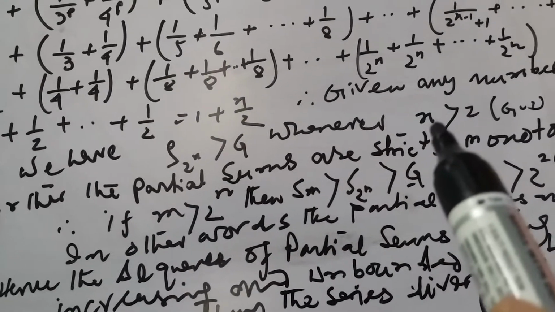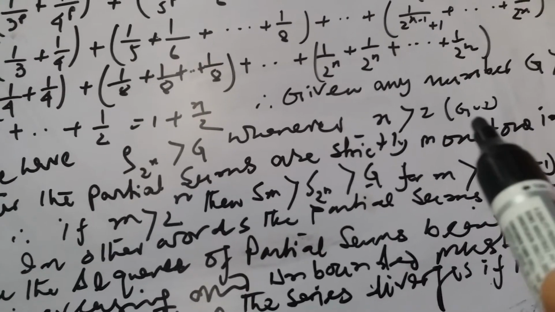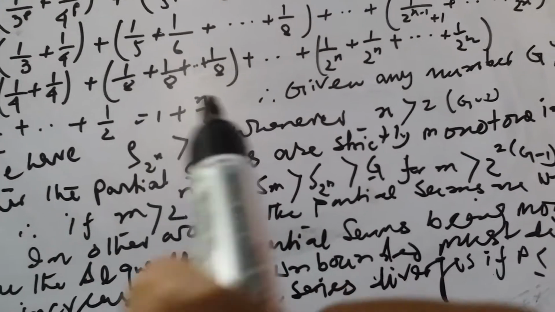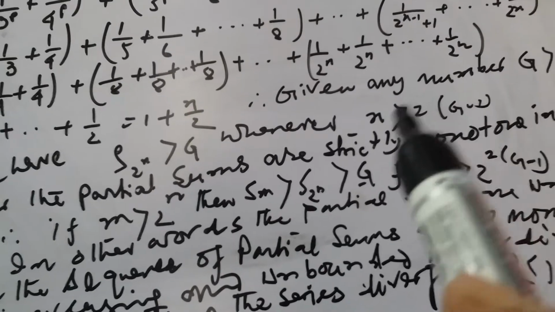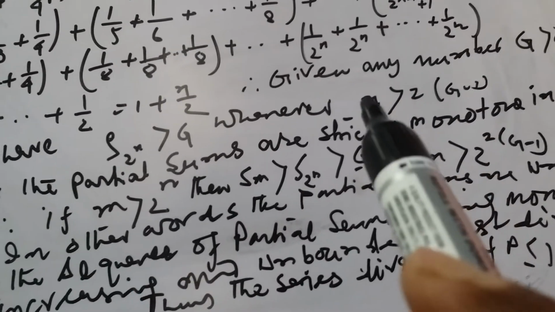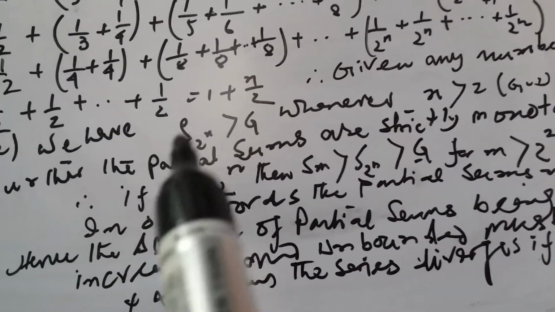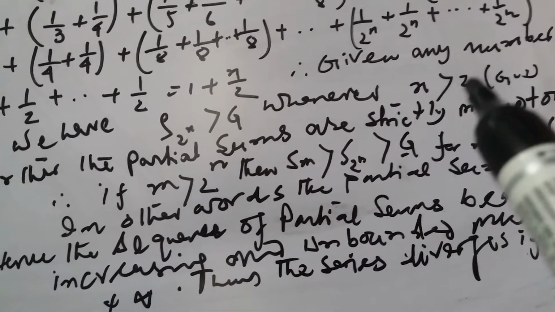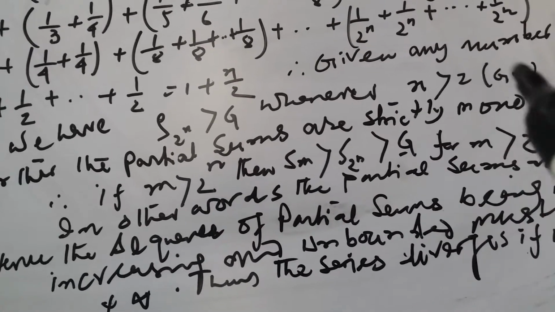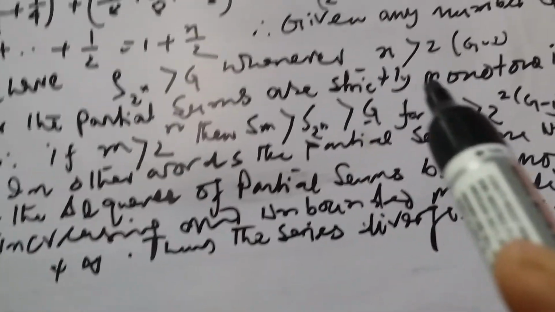For n greater than 2g minus 1, if you put g here, you get this. Since this is greater than g, n is greater than 2g minus 1. Further, the partial sums are strictly monotonic increasing.